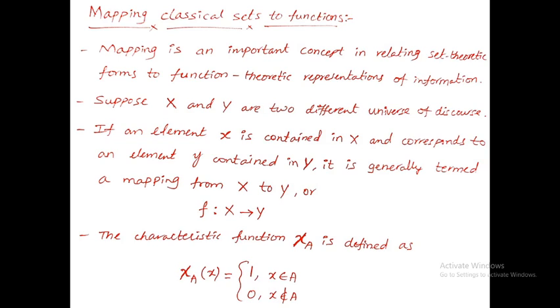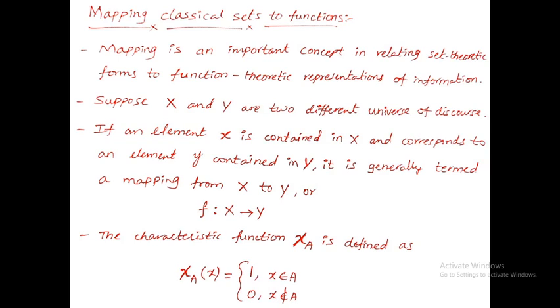The corresponding term to small x is small y, but that is not in the X unit of discourse. It is in the capital Y unit of discourse, which is another unit of discourse. To represent that, the function can be written as f such that X to Y. So that is the mapping from one unit of discourse to another unit of discourse.